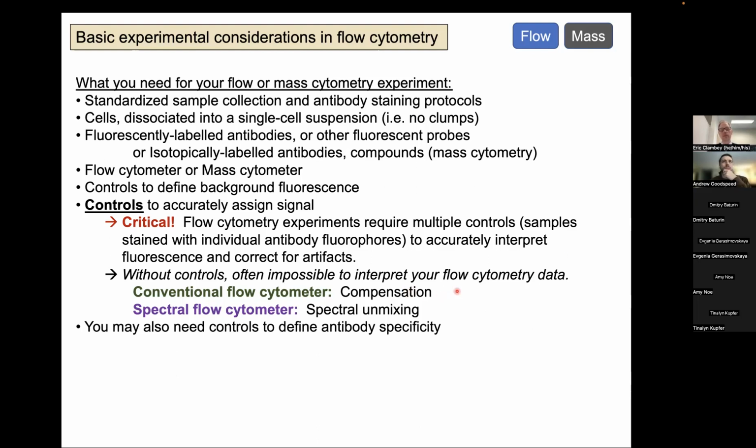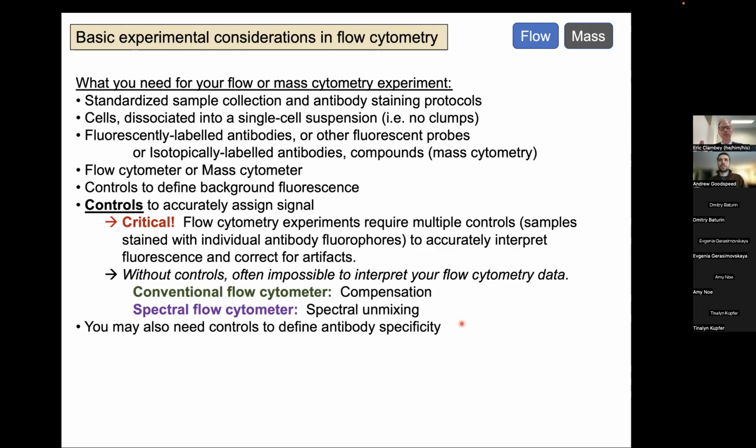So I'll talk about this later, but if you are using a conventional flow cytometer, the primary use of those single stain controls is to apply compensation to your data to correct for artifacts in terms of signal bleed over between different detectors. For spectral flow cytometry, these controls are used for spectral unmixing. And of course, you might also need controls to define your antibody specificity.